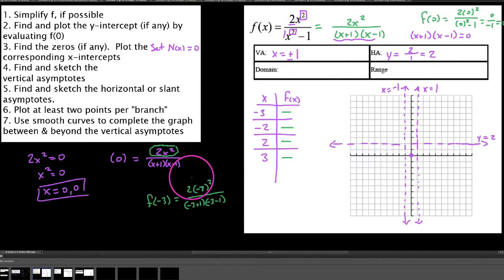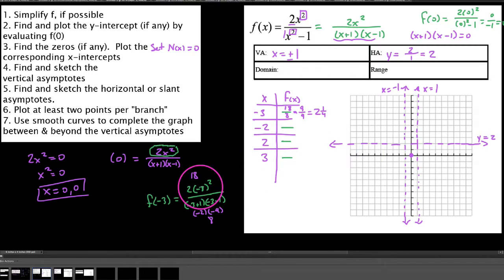So on top I would get 2 times a positive 9, which is an 18. On the bottom, I'm going to get a negative 2 times a negative 4, which is a positive 8. So in this case, I get 18 eighths, which is the same thing as 9/4. I don't think I could simplify that any further, so to get a decimal or a mixed number is not inappropriate. This is going to be 2 1/4.